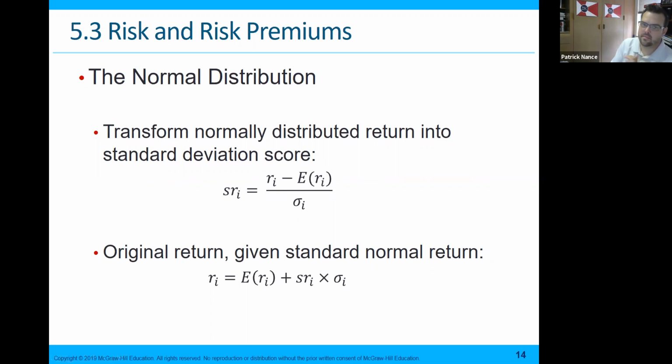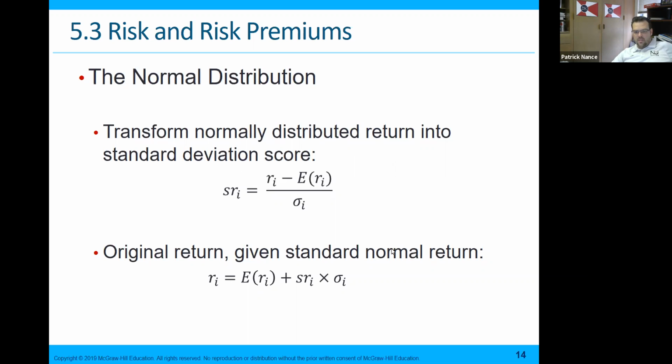Normal distribution, so to transform a normally distributed return into standard deviation scores, we take our normal distribution, and we can transform a normally distributed return into the standard deviation score by taking my normally distributed return, R_i, minus my expected return, divided by the standard deviation of the normal distribution.